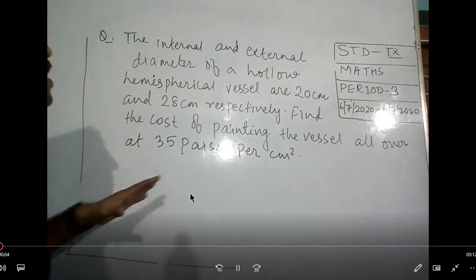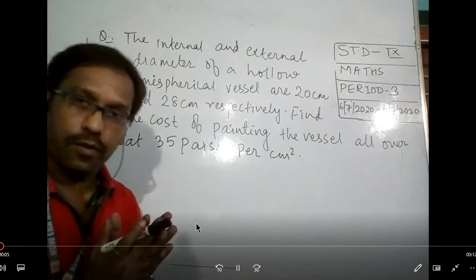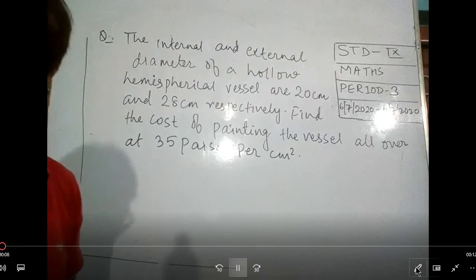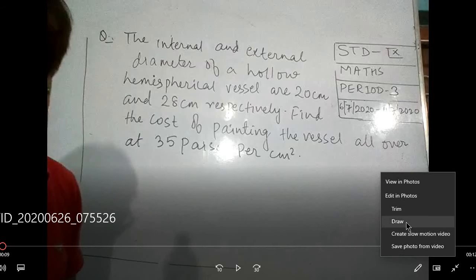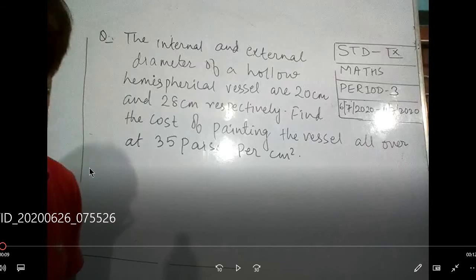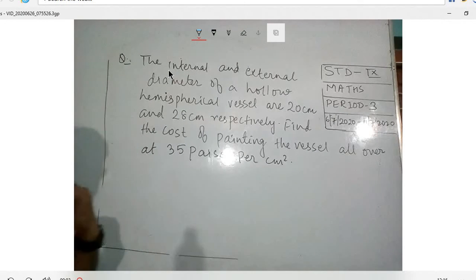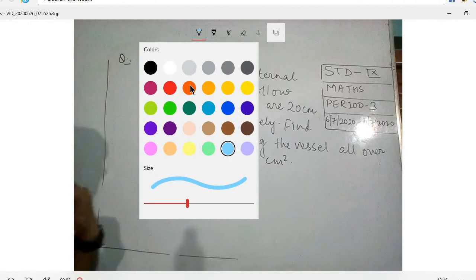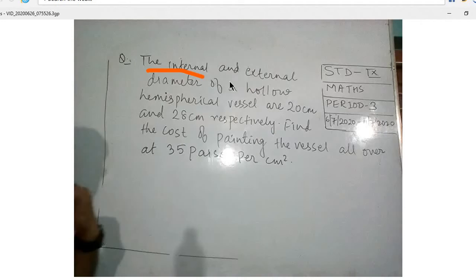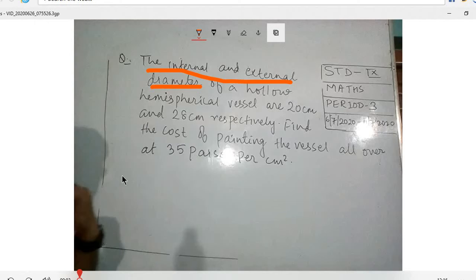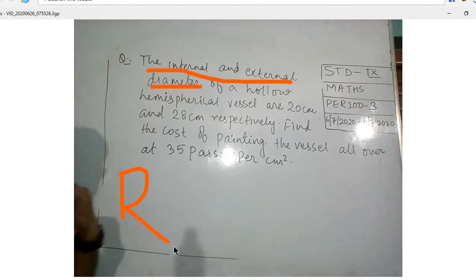Now we are going to discuss, in this video, what is given. In this video it is given that the internal and external diameter of the hollow hemispherical shell is given. That means they have given us the internal and external diameter, that is, they have given us the big radius and the small radius.